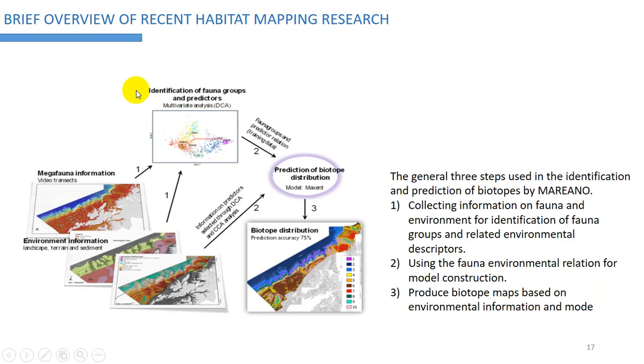In the process, just collect the data, identify the fauna groups, like I mentioned before, make different groups, and make predictions about the biotope distributions, the living areas of the animals, and have a final map like this.